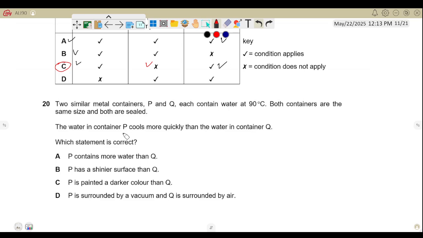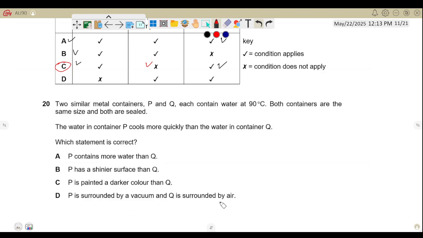The water in container P cools more quickly than the water in container Q. So this is the observation that we can see. Which statement is correct? P contains more water than Q, or P has a shinier surface than Q, P is painted a darker color than Q, or P is surrounded by a vacuum and Q is surrounded by air?